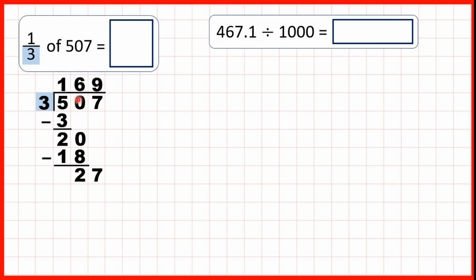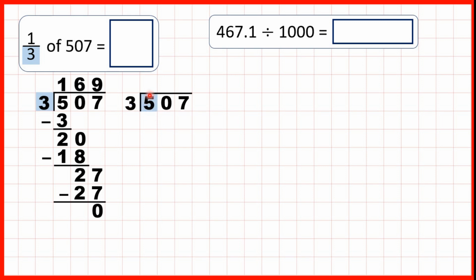Well, we know that 9 times 3 is exactly 27, and to show that we don't have a remainder, we can subtract 27 and get 0. So our answer is 169.